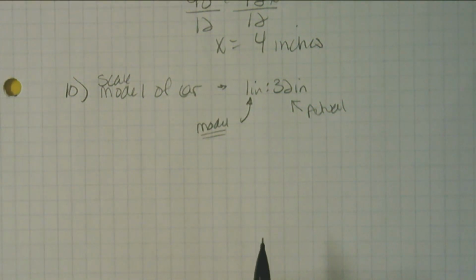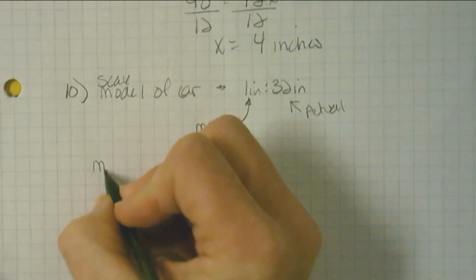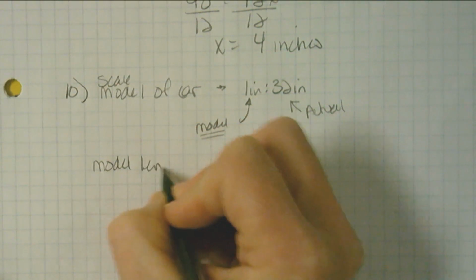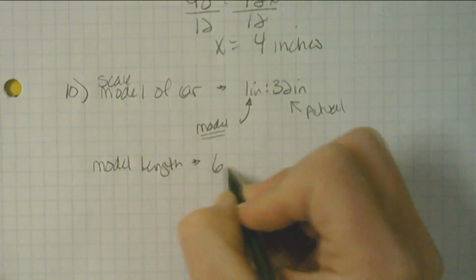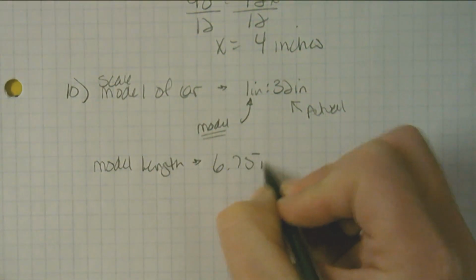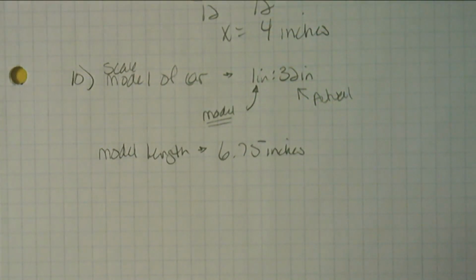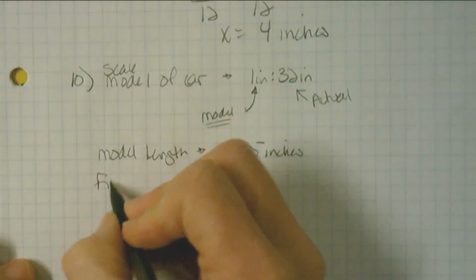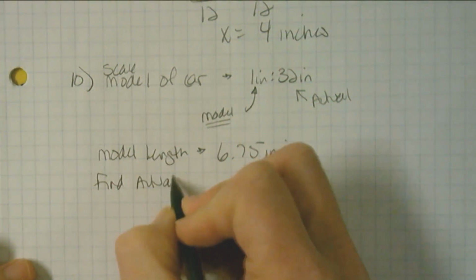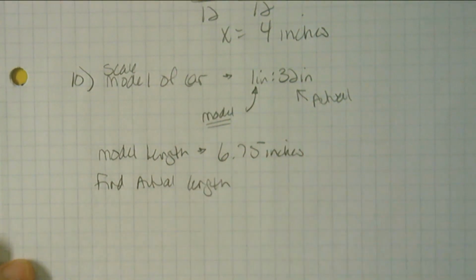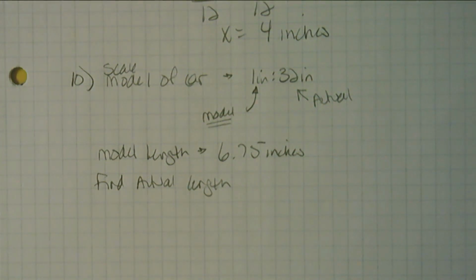So then what they've said to us, if the model is 6.75 inches long, so we have a model length of 6.75 inches. All right, we want to know the actual length. We want to find our actual length.